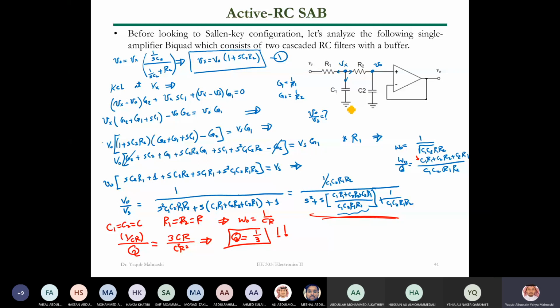And actually the only trick he did is connecting C1 to the output. Or even if you need some gain, then this one is connected to the output, and the gain is provided through these resistors. Okay, and that's the second slide here.